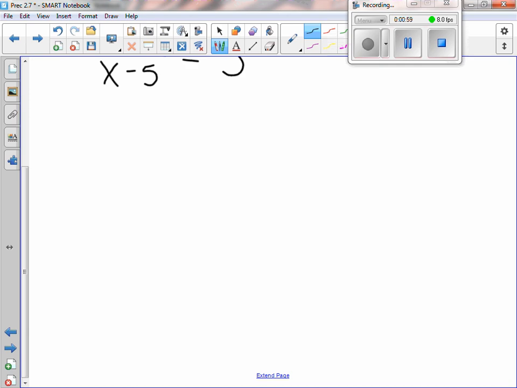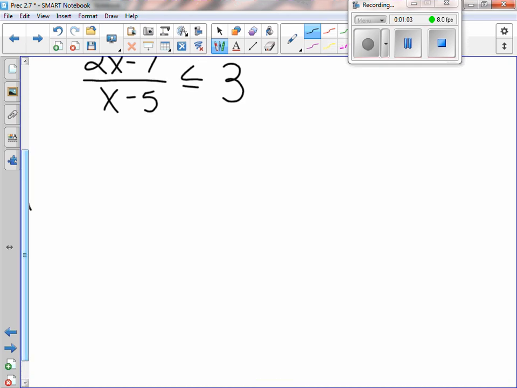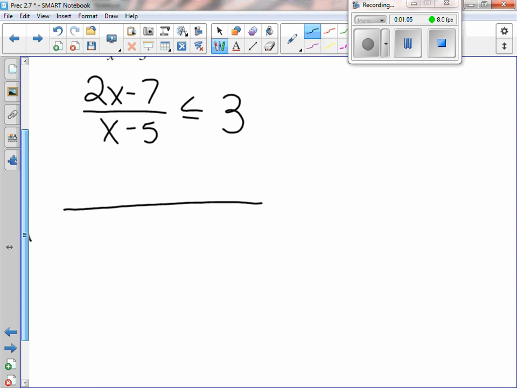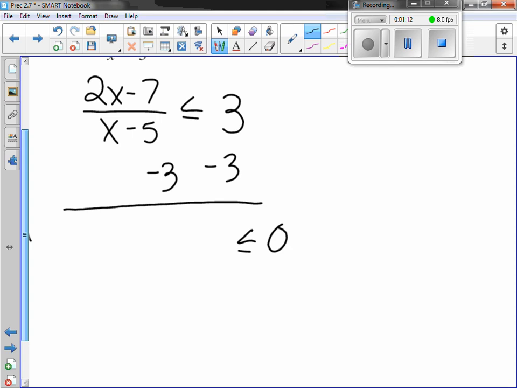So for the most part, that doesn't seem that bad, right? Because what are we going to do to both sides? We're going to subtract 3. Because when I subtract 3 from one side, I get 0. On the other side, I'll have the negative 3, but I'll have this here. Any questions on this so far?